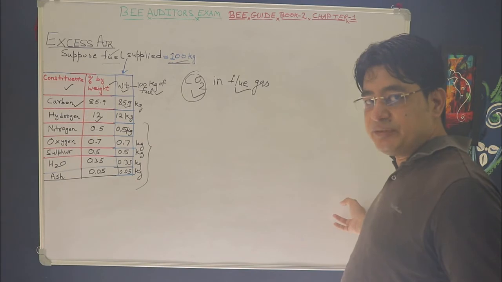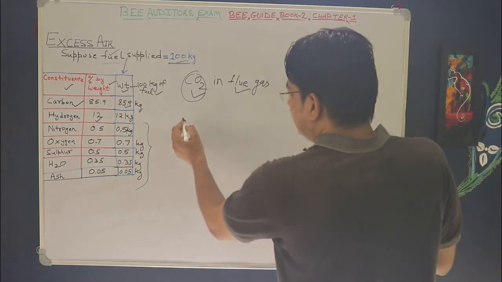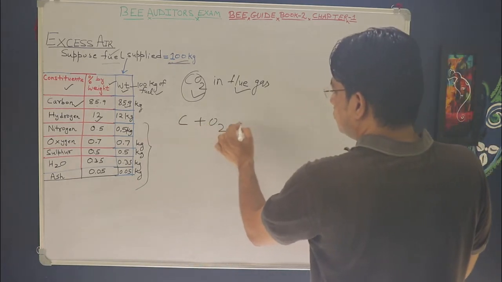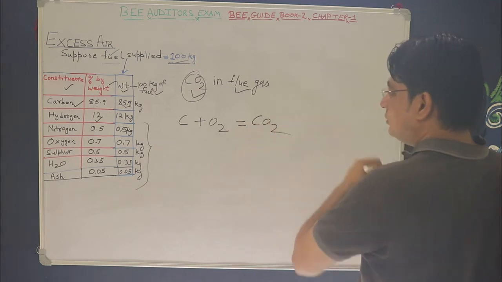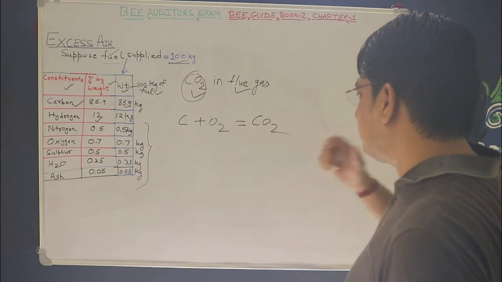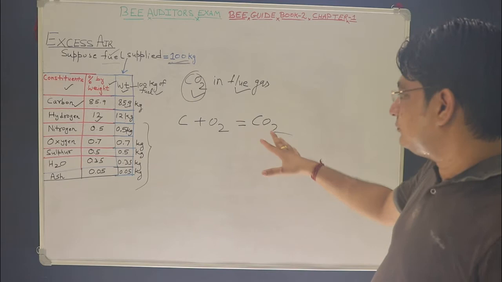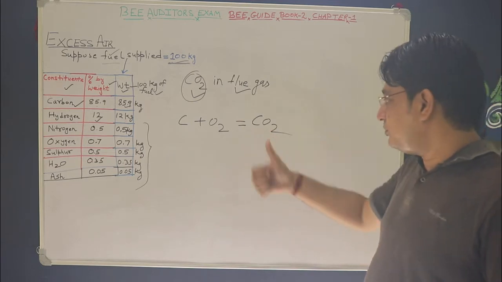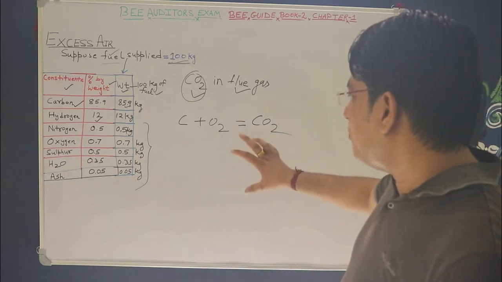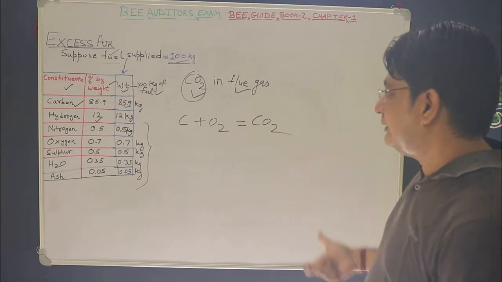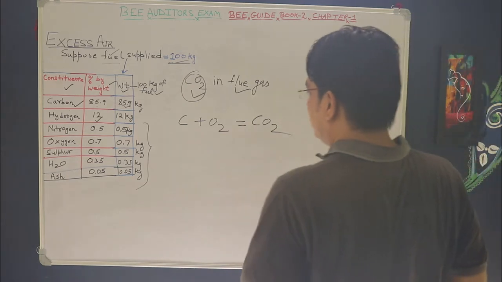And the combustion equation that is involved is C plus O2 equals CO2. So there is no other constituent which can lead to the formation of CO2. So how much CO2 is formed theoretically, we can easily calculate.